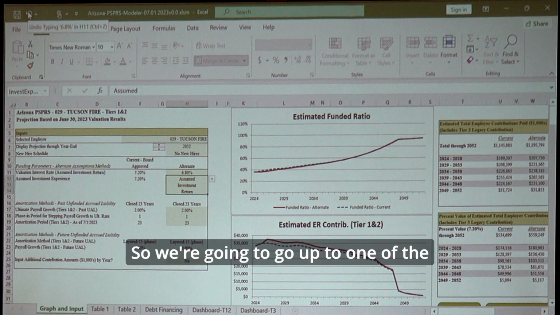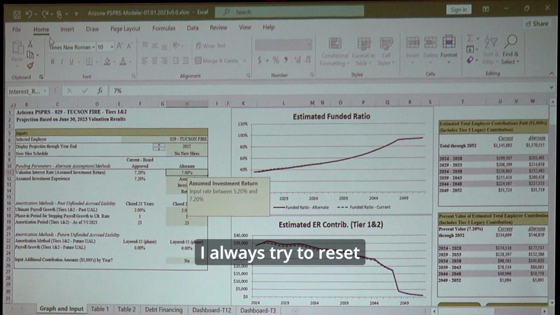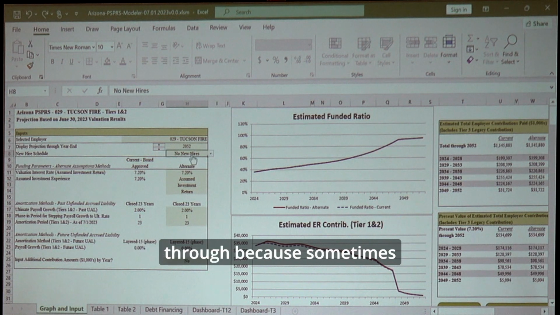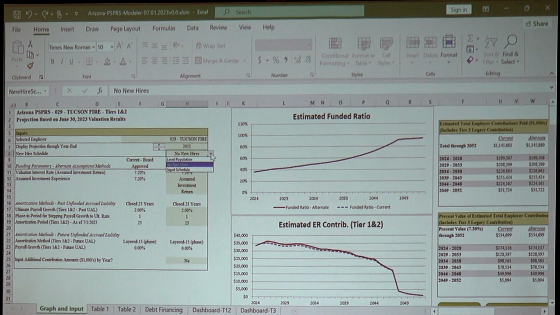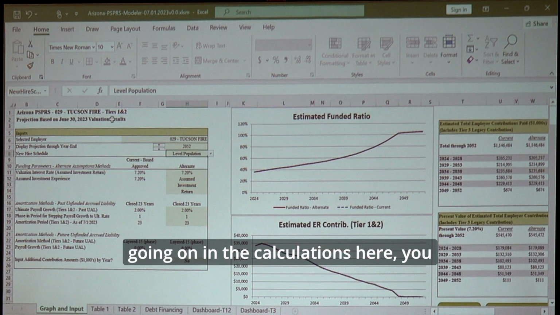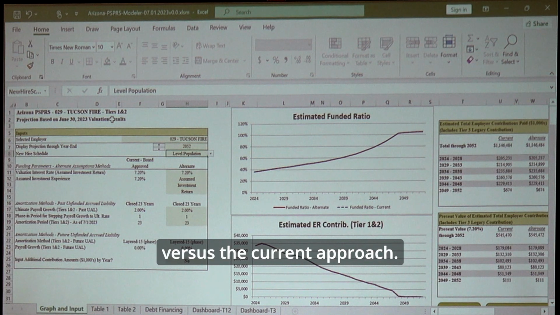One of the things I always do when I change rates is I always like to look at things one at a time. And I always try to reset them back to what the assumption is here, because sometimes when you have multiple variables going on in the calculations, you can't see what that one factor does versus the current approach.